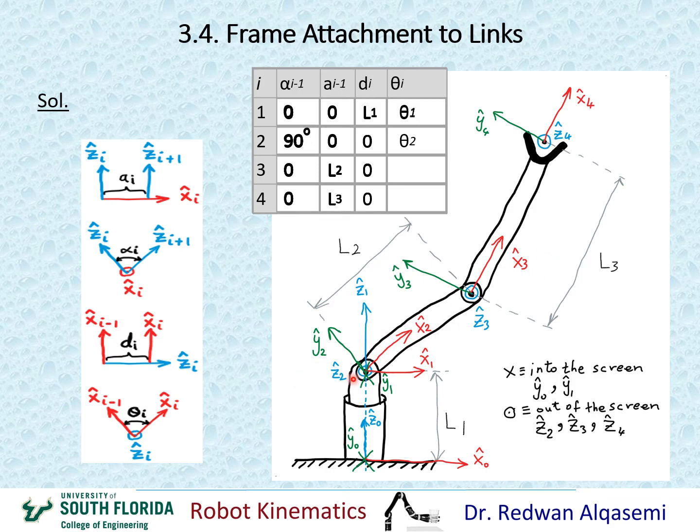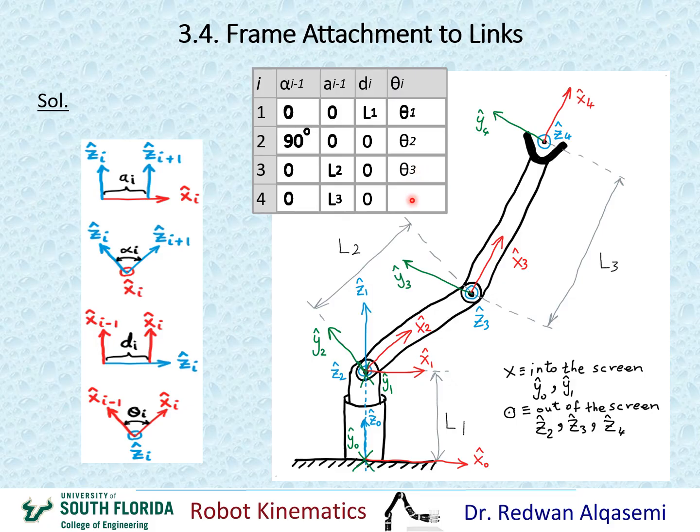If you extend this line up to here, you can see that there's an angle right here between x2 and x3, but this angle is not constant. It changes as joint 3 moves about z3. Once it moves, x3 will move with it because it's attached to frame 3, which is on link 3. So the angle between x2 and x3 is a variable angle, and that angle about z3 would be changing as we move joint 3. So I'm going to call this theta 3, and it will be right here.